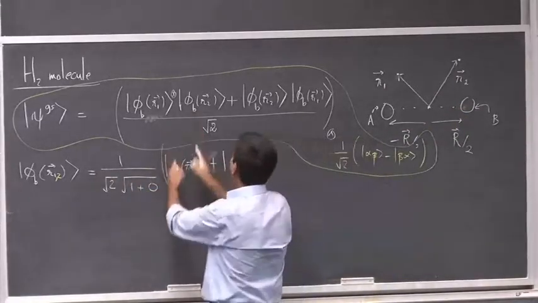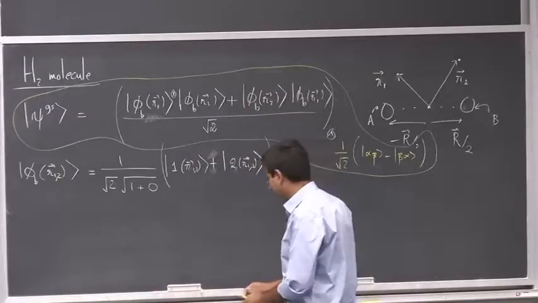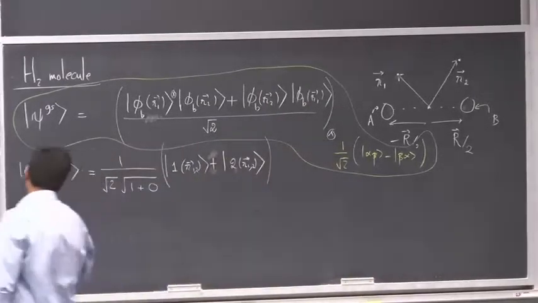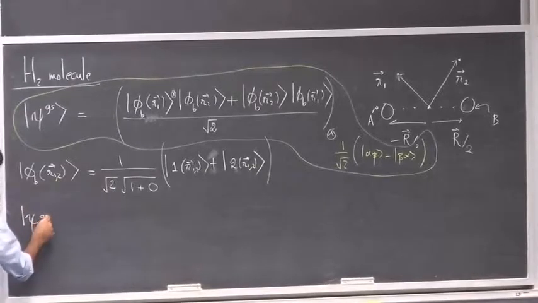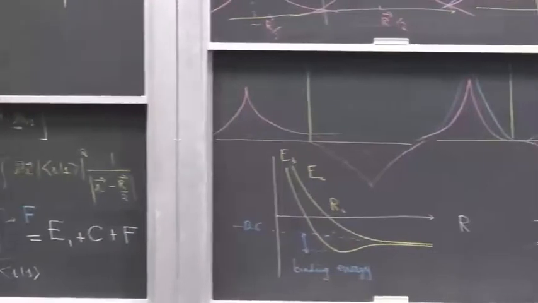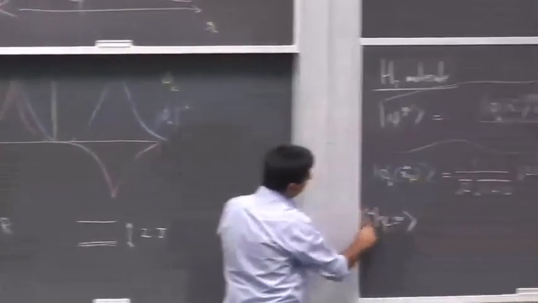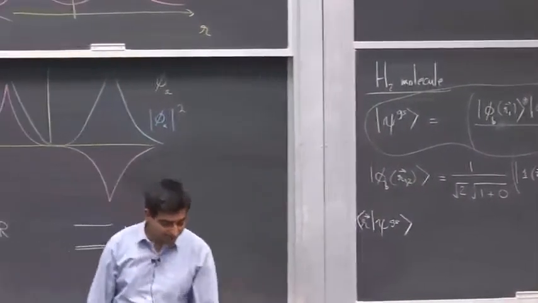Now I insert all of the values over here. I put in everything in here. Okay. The final state that I get, the ground state, is the following. Now I would like to express this in the position representation, the R representation.